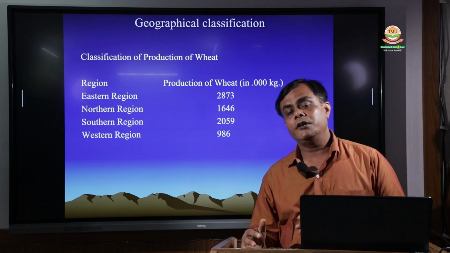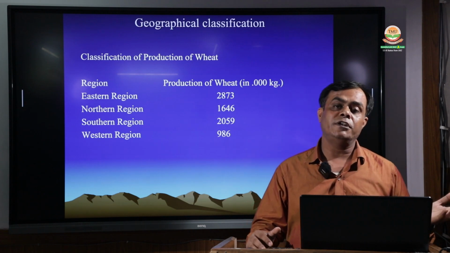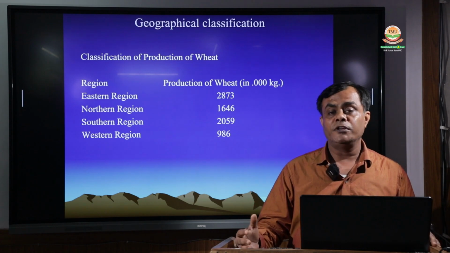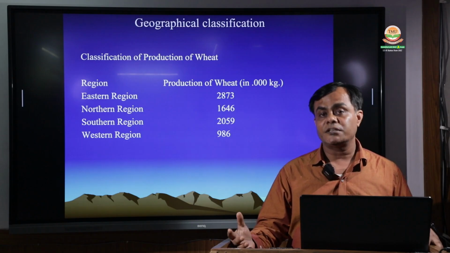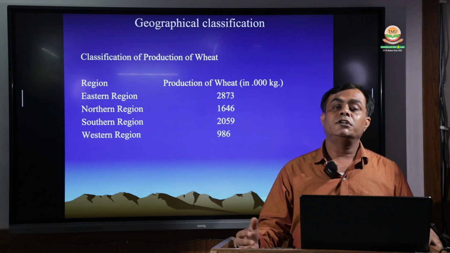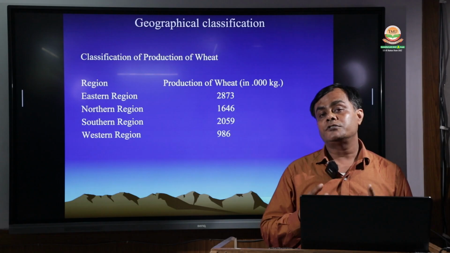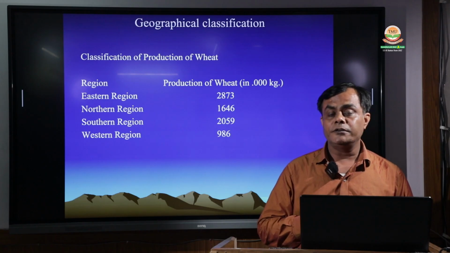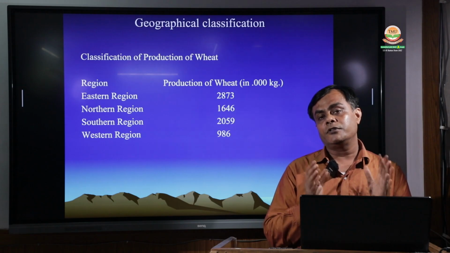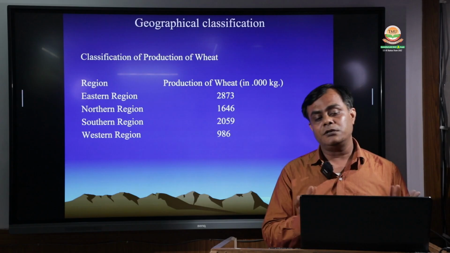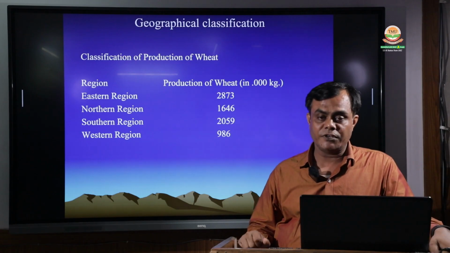Data might be related to anything: agriculture production, population, income, expenditure, or the literacy rate, such as which state or district has a high literacy rate. All data related to geographical categorization, and that categorization, is known as geographical classification.